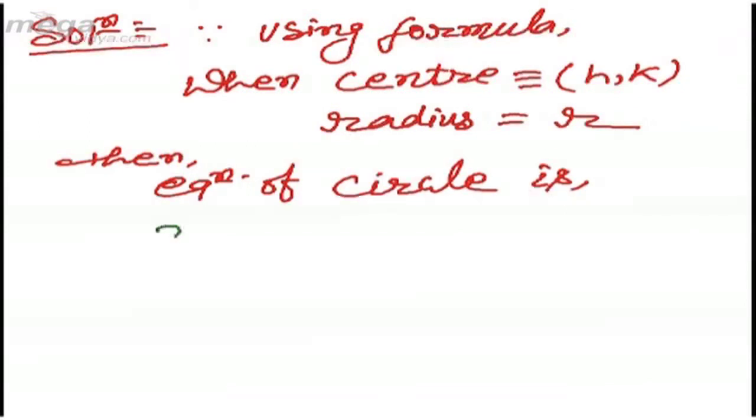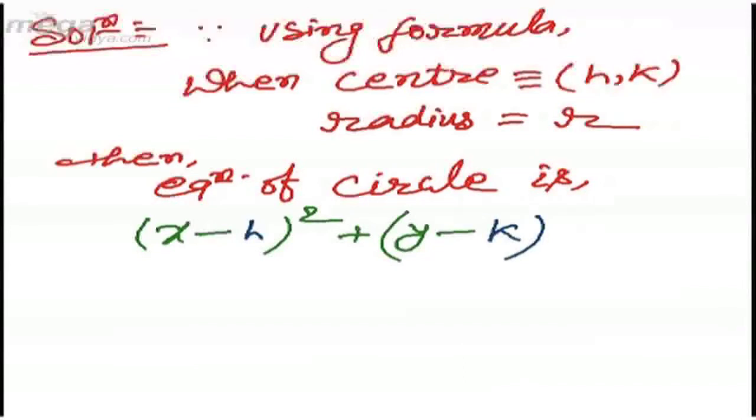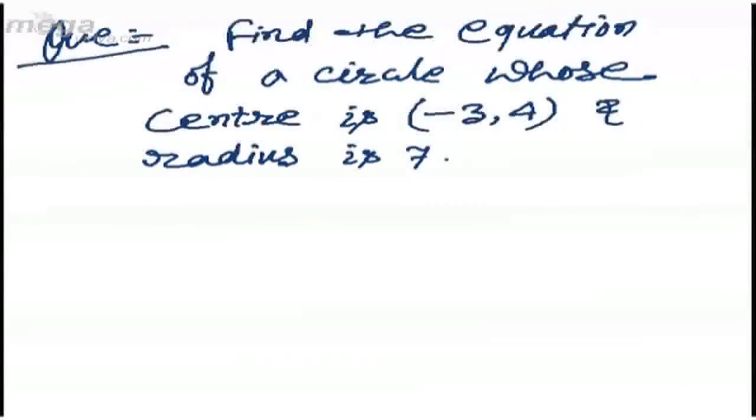x minus h whole square plus y minus k whole square is equal to r square. Now according to the question, the center is given minus 3 comma 4.